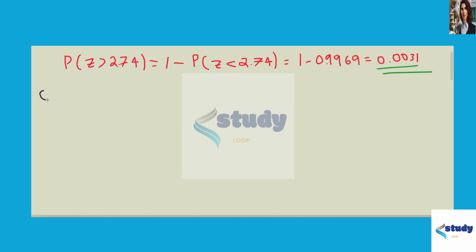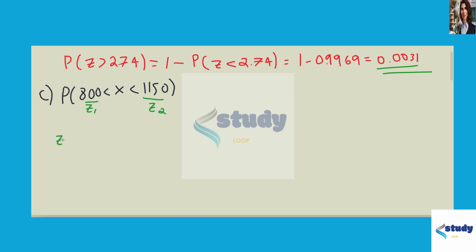Now part C of this problem is asking us to find the probability that the monthly payment is between 800 and 1,150 dollars. So the probability 800 less than x less than 1,150. Here we're just gonna have to find two separate z values. So let this be z1, let this be z2.